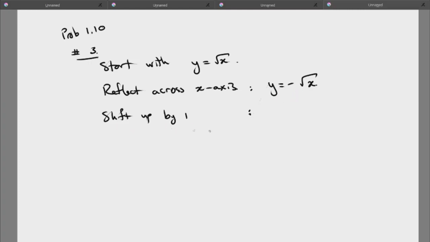Then lastly, I have to shift it up by 1, so my new function is something with a square root, plus 1. So they're just doing this backwards a little bit. They're telling me what happens to the graph, and I have to say what happened first to the function.